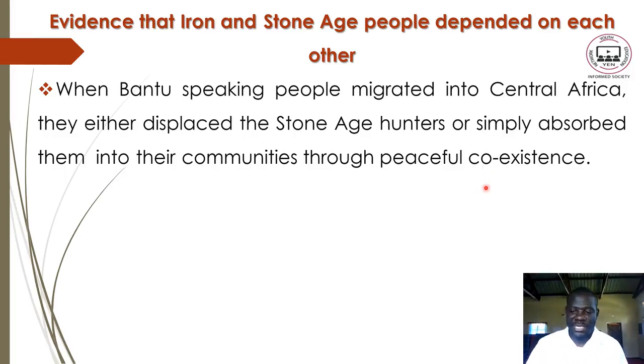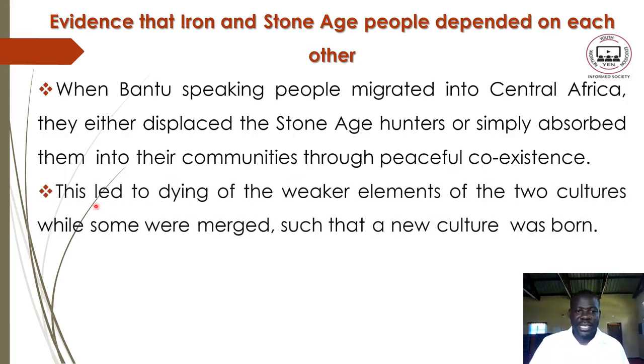That is coexistence. So this led to the dying of the weaker elements of the two cultures, while some were merged, such that a new culture was born. When the Bantu came in and found the Stone Age people, they coexisted. The things that the Bantu were doing that were good, they maintained, and the things that maybe the Akafula were doing, they also maintained.